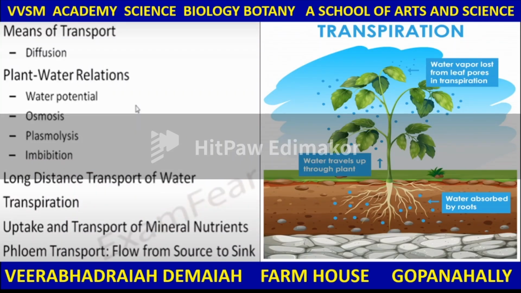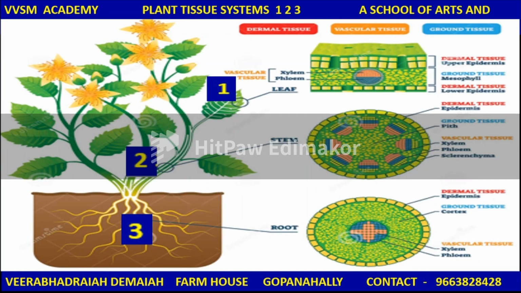Well, means of transport by diffusion, plant water relations, water potential, osmosis, plasmolysis, and imbibition. Well, friends, the tissues are the leaf, xylem, phloem, stem, and the root.